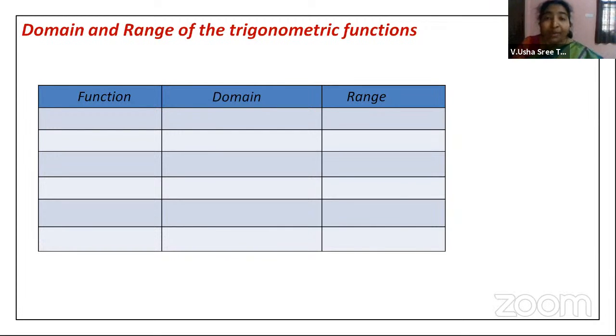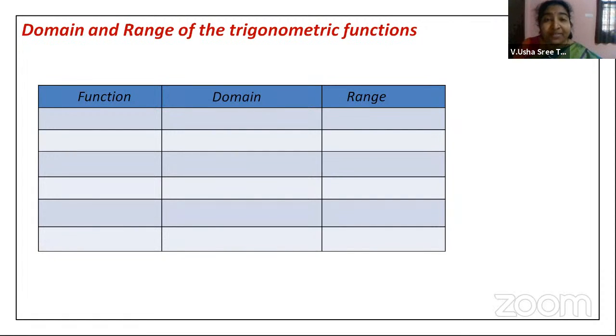When you take a certain value in the domain and substitute it in the function, if you are able to get a functional value, then you can take that value as a value in the domain. But for certain values, when you substitute in the function, if you are not getting a defined value, then you cannot consider that in your domain. That is what we have seen in the functions topic, isn't it?